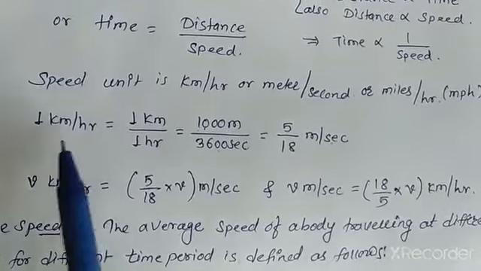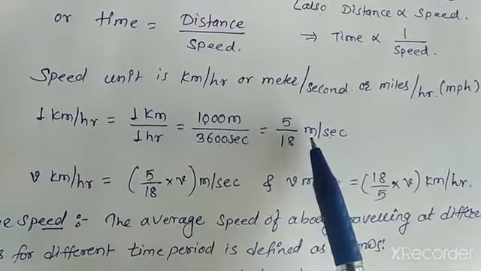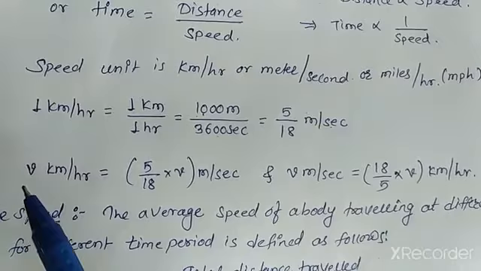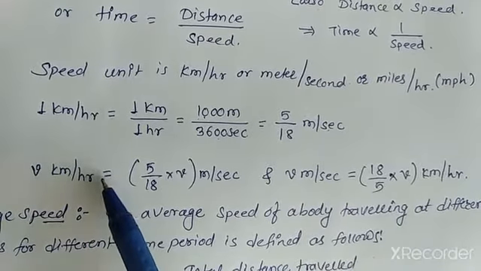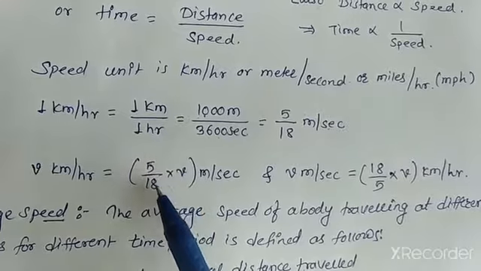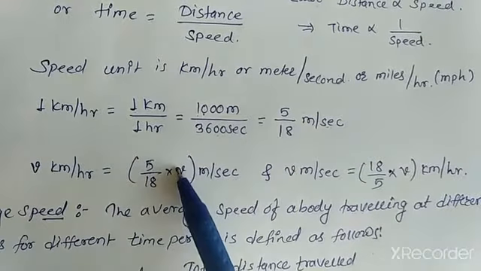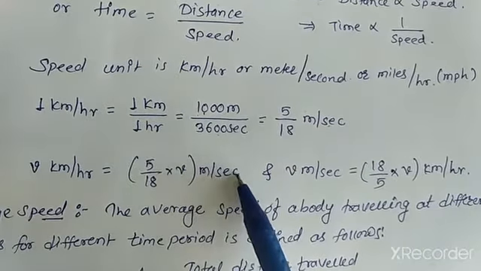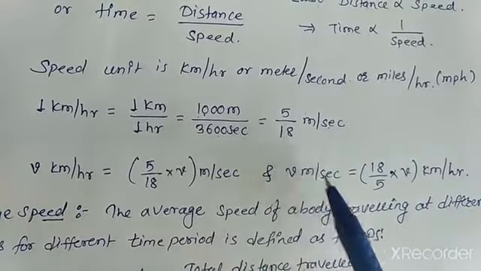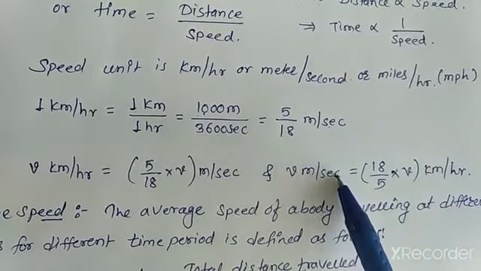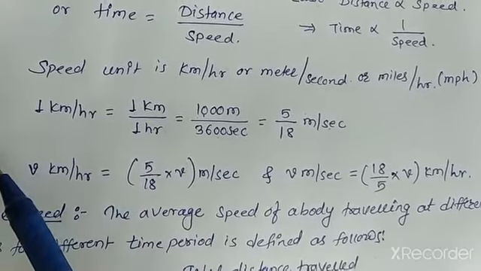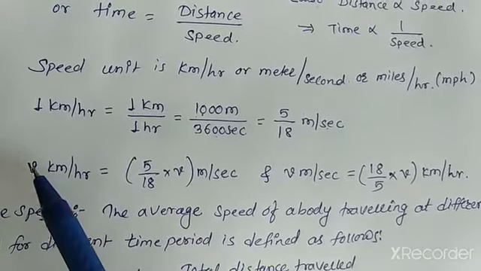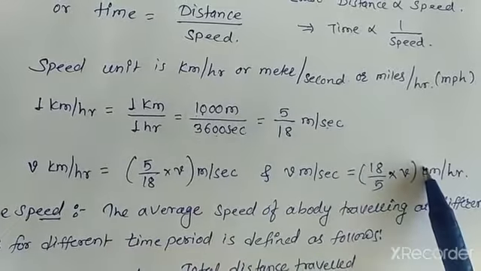So 1 kilometer per hour is equal to 5 upon 18 meter per second. So if you consider V kilometer per hour, it is equal to 5 upon 18 into V meter per second. And V meter per second is equal to 18 upon 5 into V kilometer per hour.